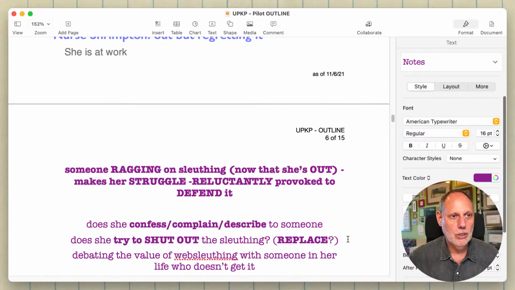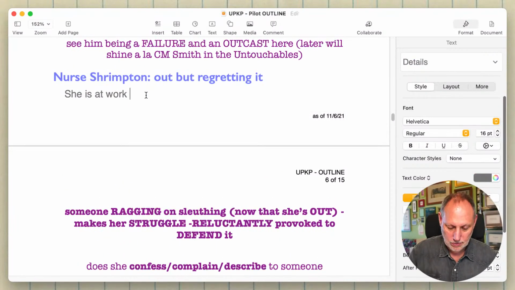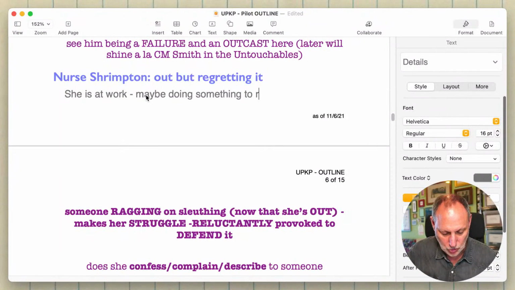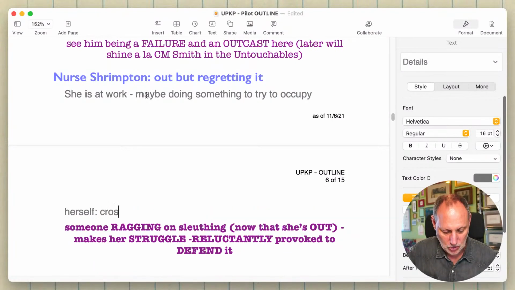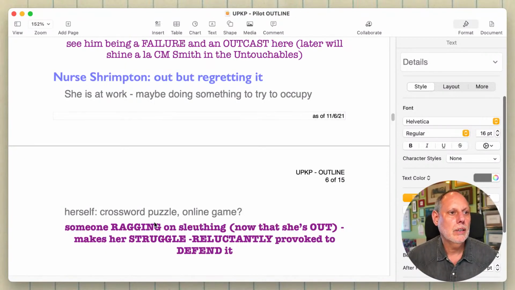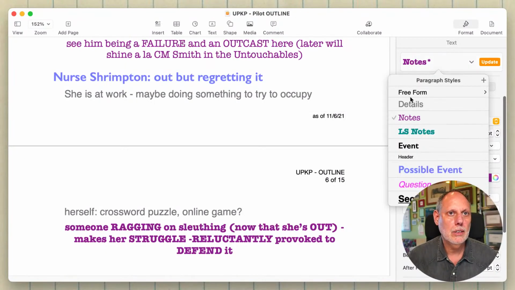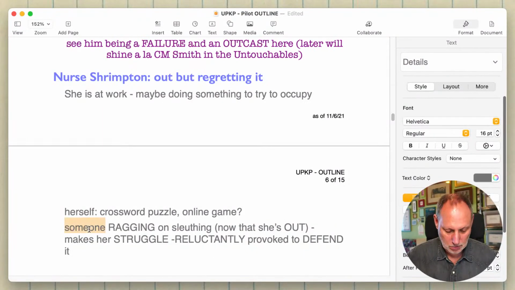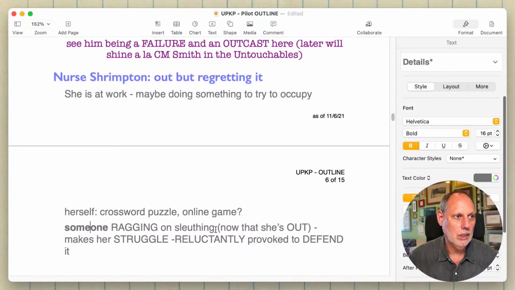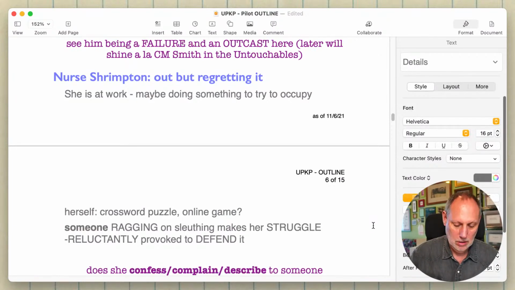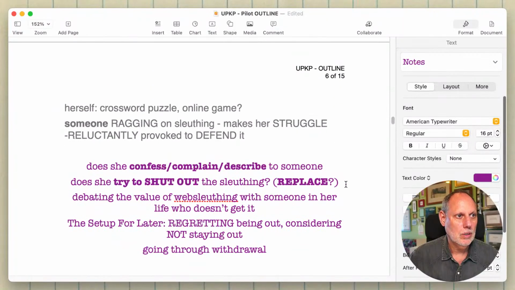What is she maybe doing to try to occupy herself? Crossword puzzle, online game. So then someone ragging on sleuthing.